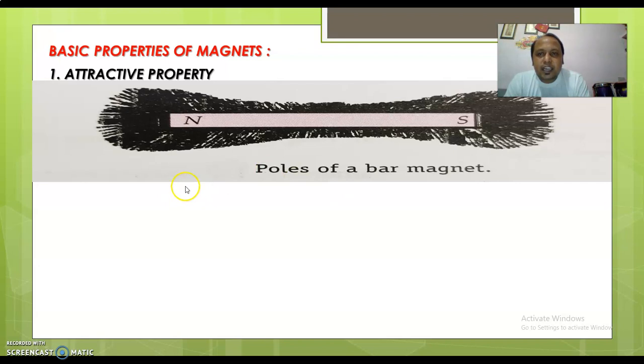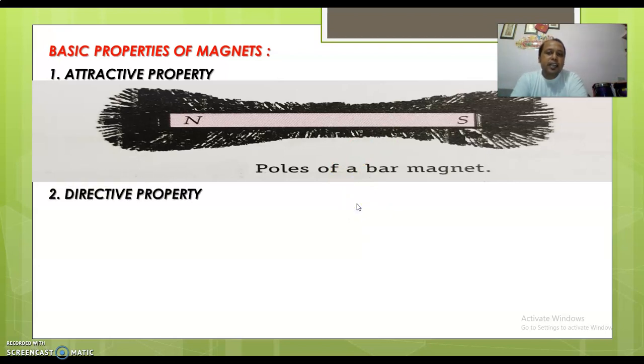We will see that all the iron filings, whether near the north pole or near the south pole, will be attracted towards the bar magnet. So the magnet has the property of attracting magnetic materials. Here we have considered iron filings, which are magnetic material attracted by the magnet.